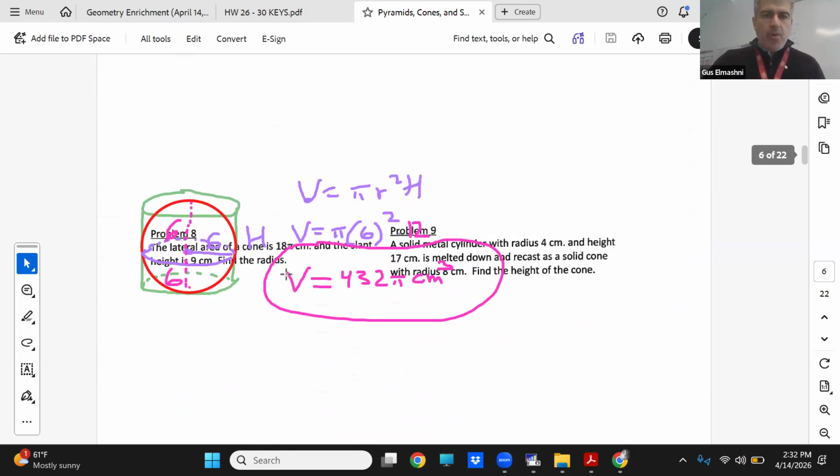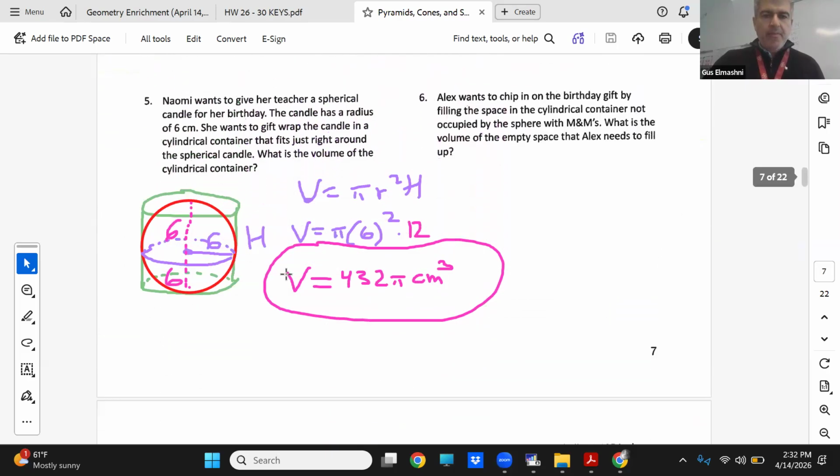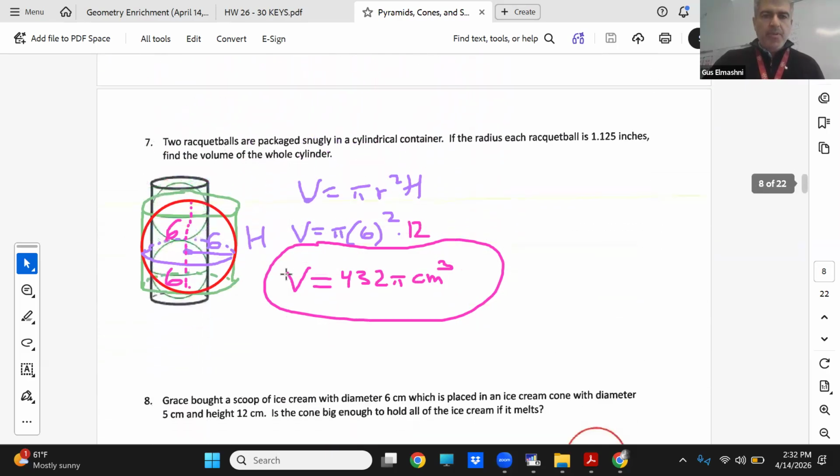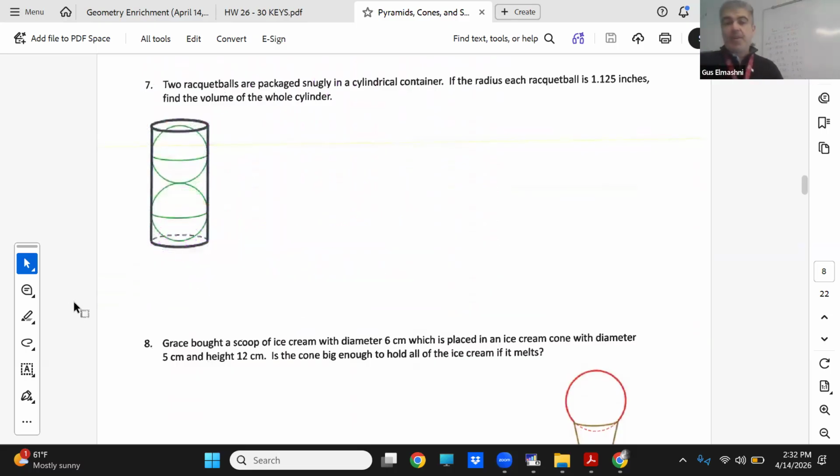Okay, and the last one, number 7. It's about racquetballs, I guess. Yeah, it's also pretty straightforward.